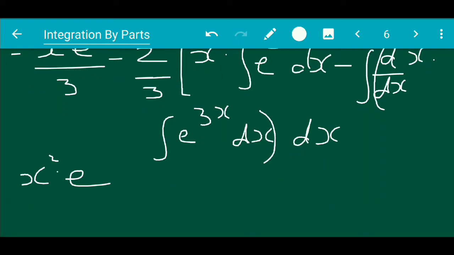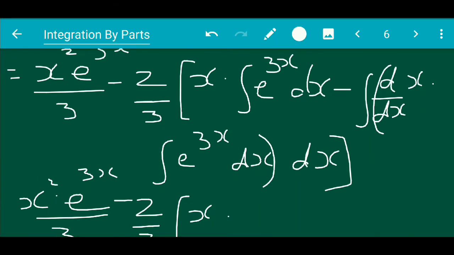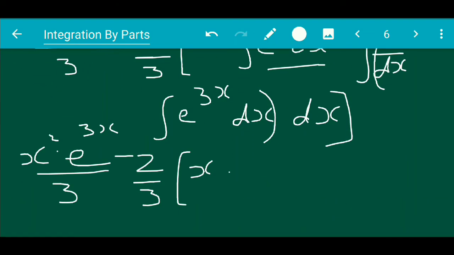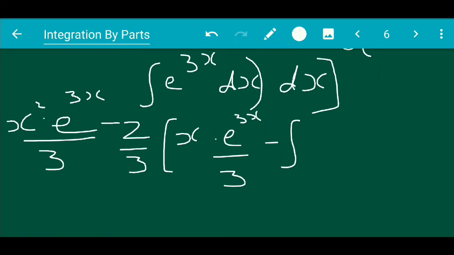The first terms are as they are, so I'm just writing them down. Now integral of e raised to 3x, we get e raised to 3x upon 3, the first integral over here, this term, so we get e raised to 3x upon 3 minus the d dx of x becomes 1, and once again e raised to 3x upon 3 in the integral sign we get.